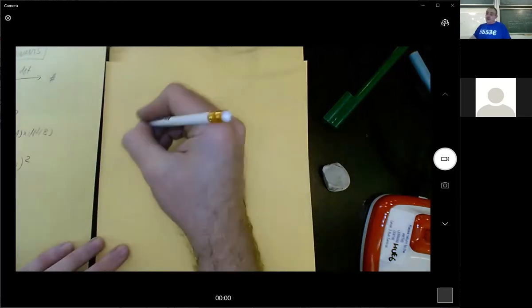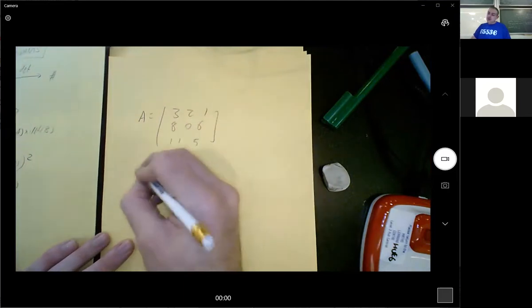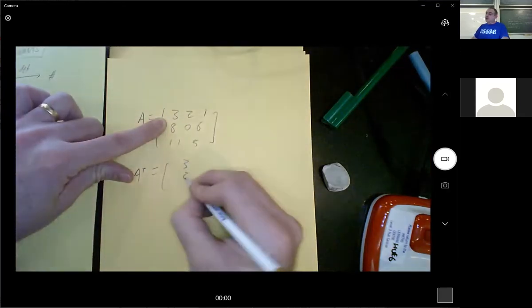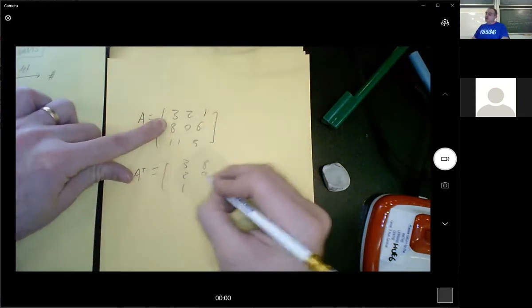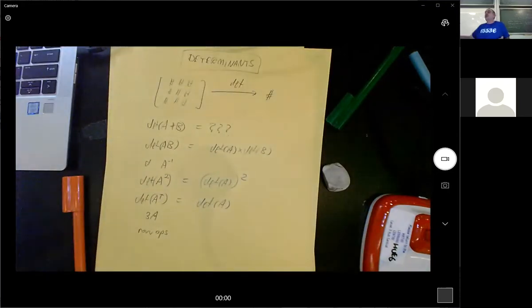So if this was A, then A transpose would take this first row and write it as a column, and this second row and write it as a column, and this third row and write it as a column. You could also do it by the columns and turn them into rows, and it would work just as well. And so because with determinants it doesn't matter whether you use the rows or the columns first, it's the same answer either way.